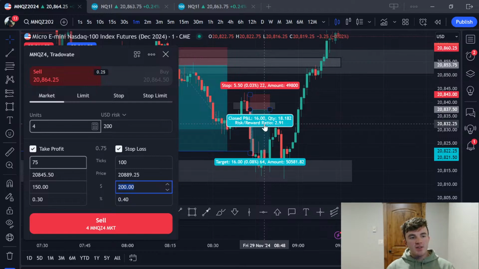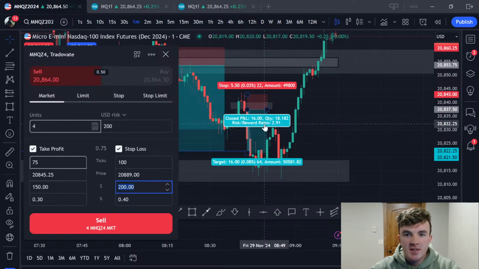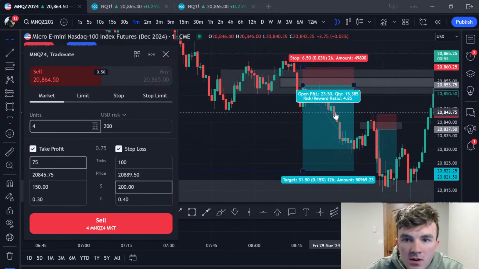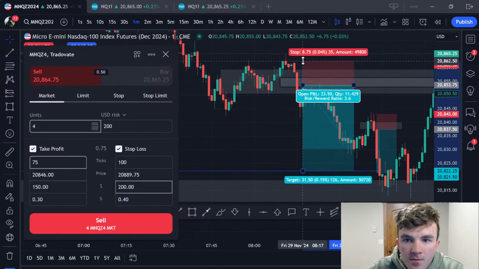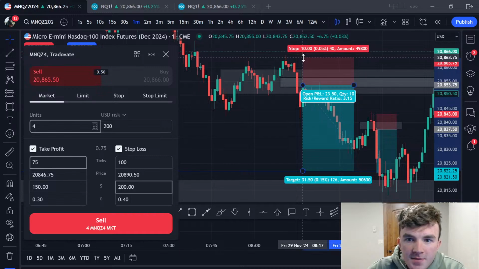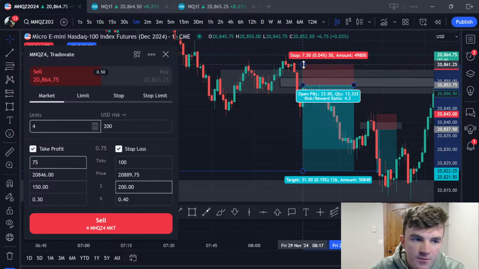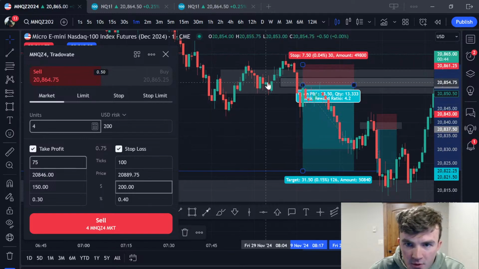Okay, so when I enter a trade on Tradovate, what I need to do, for instance, let's say here, I'm supposed to risk 10, right? Or 15 or whatever. 14.